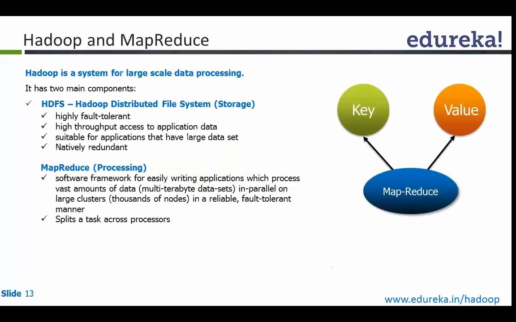As I mentioned, Hadoop primarily has two core components. One is the HDFS file system, which is a distributed file system, highly fault tolerant, capable of storing big volumes of data and providing high throughput to process and manage all the data in a distributed fashion.